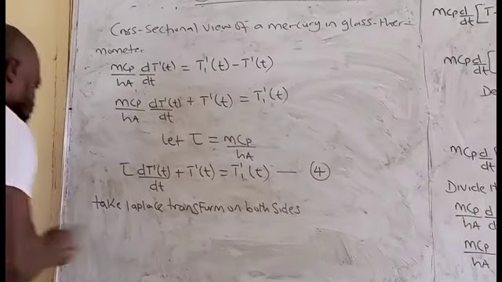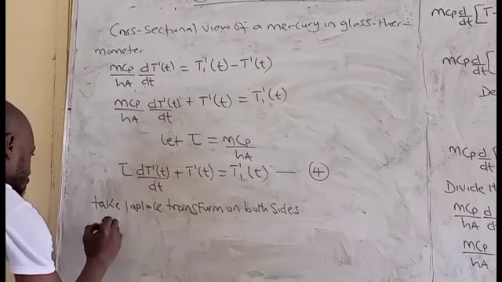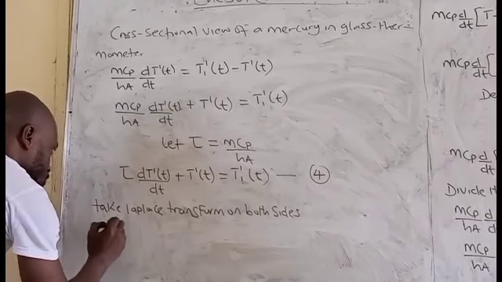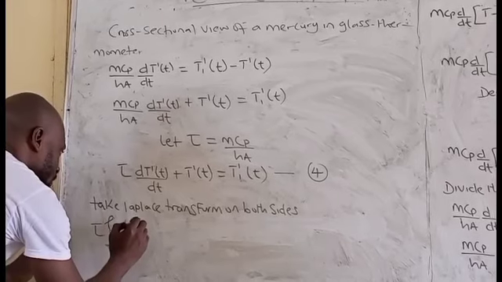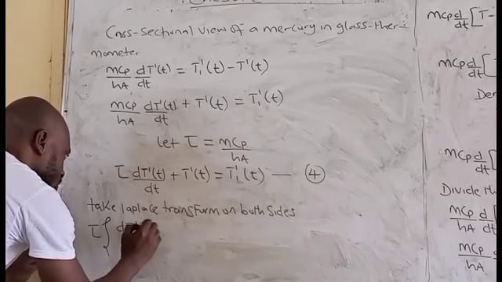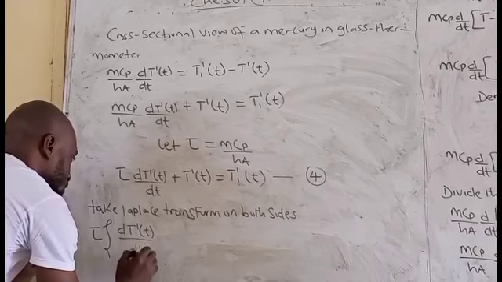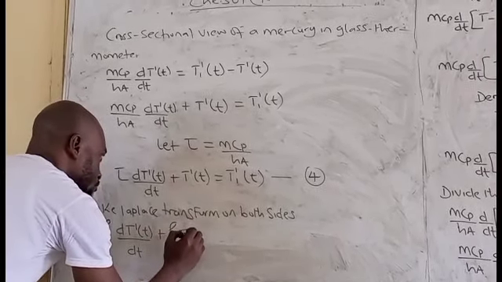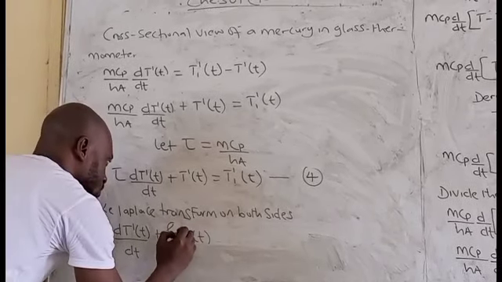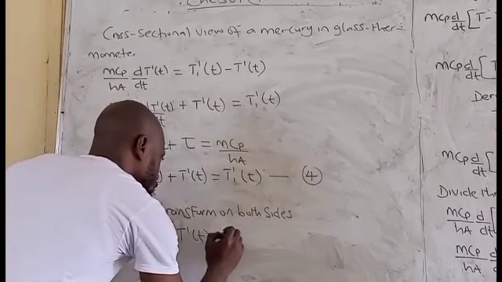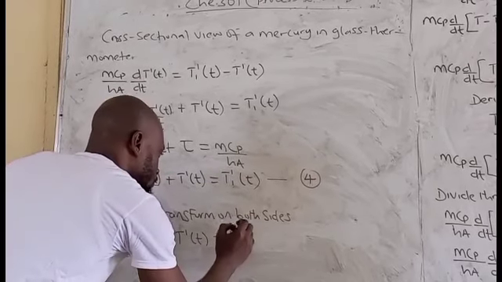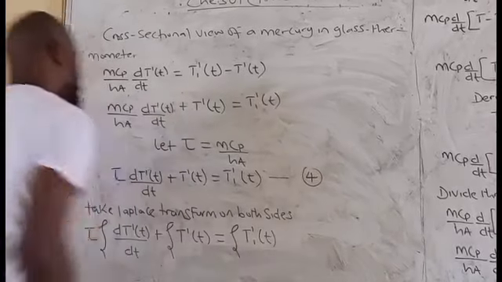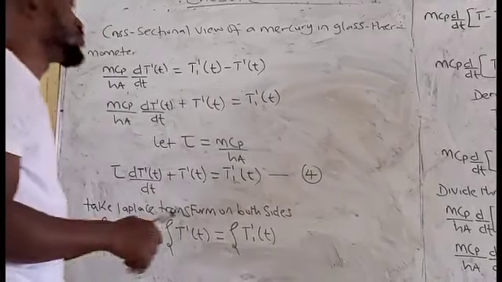We're going to have this time constant, which is a constant, you bring it out. Then you take the Laplace transformation of dT prime of t over dt, plus the Laplace transform of big T prime of t, is equal to the Laplace transformation of T1 prime of t. So I'm taking the Laplace transform on both sides.